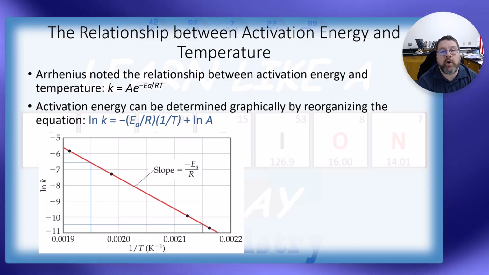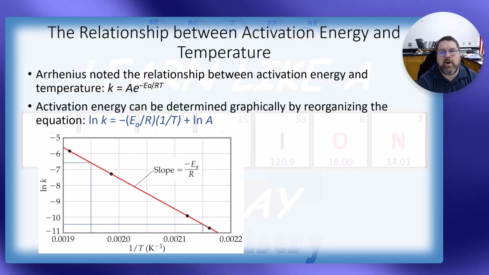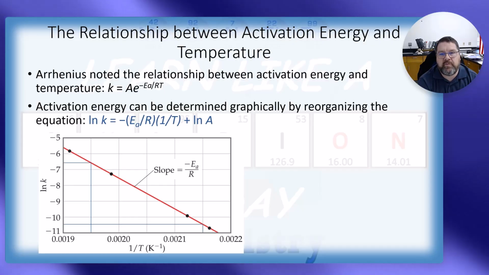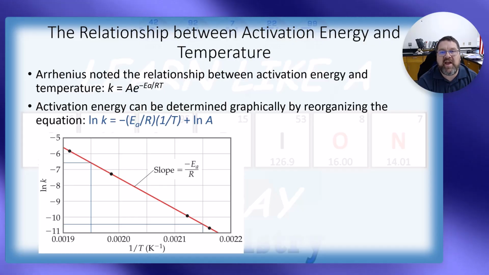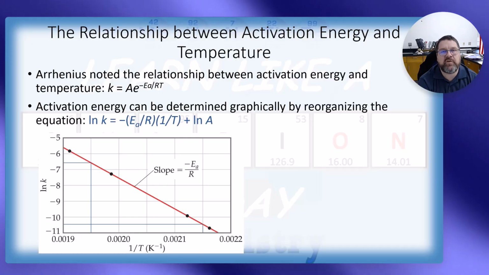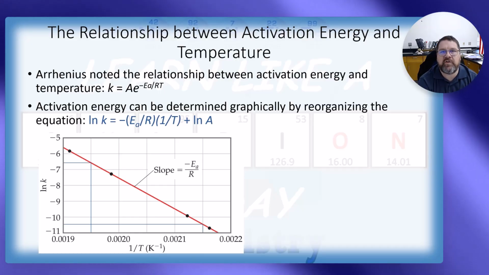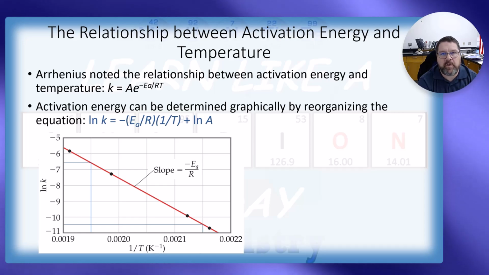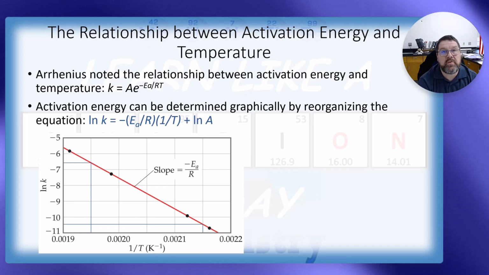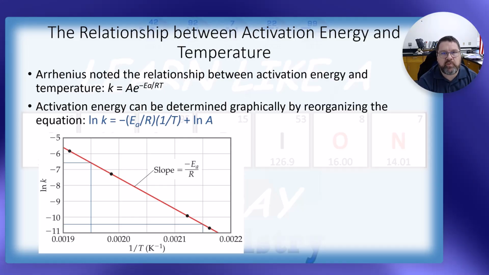And so we can see that our y value would be natural log of k, the rate constant, and our x value that we're plotting it against would be inverse temperature. So that tells us what we need to plot, natural log of rate constant k versus inverse Kelvin temperature. And so when we do that, we get a linear relationship. Again, it's y equals mx plus b form.